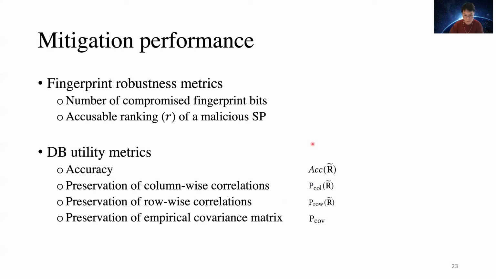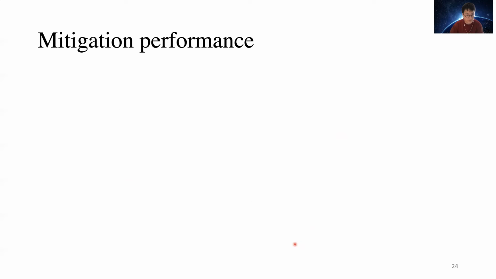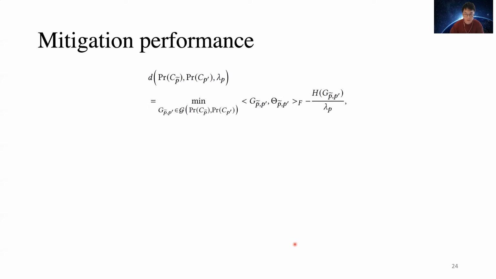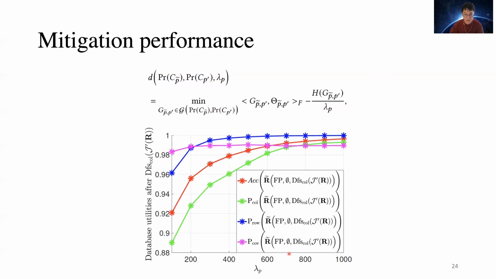For all these four metrics, the higher the value, the better the utility. Just to recall, we need to solve this optimization problem to strike a balance between the mitigation performance and the utility. We say that when lambda equals 500, we get a decent value of database utility. So in the following slides, we set lambda equal to 500.